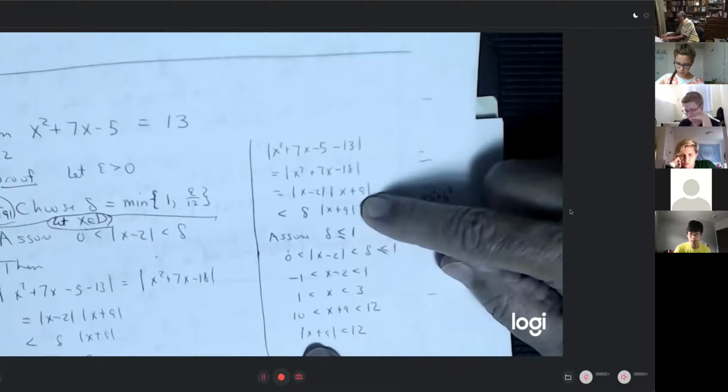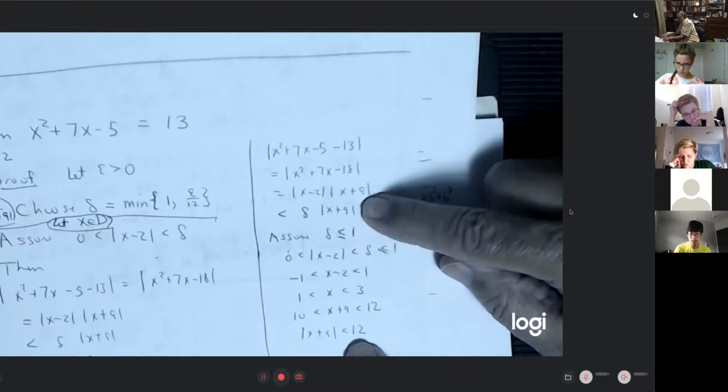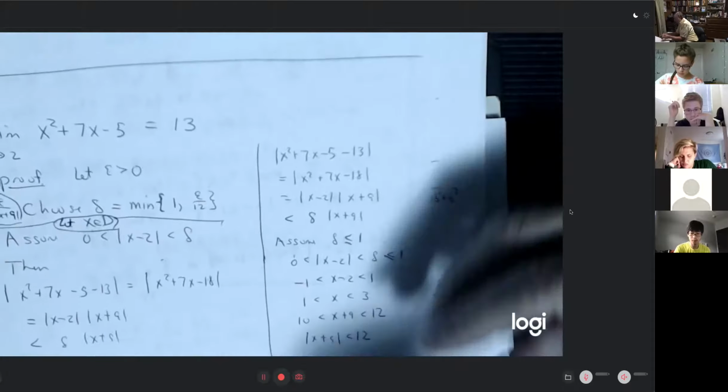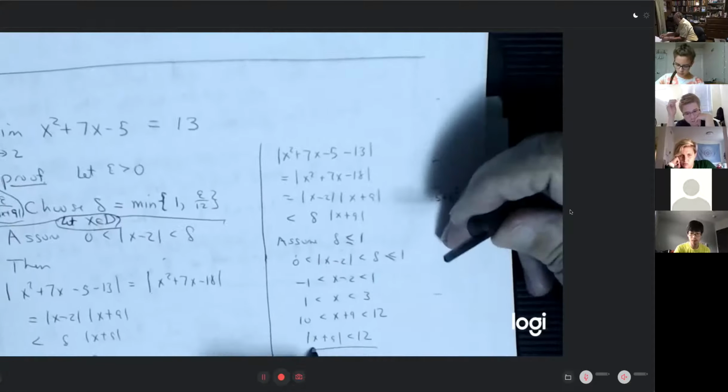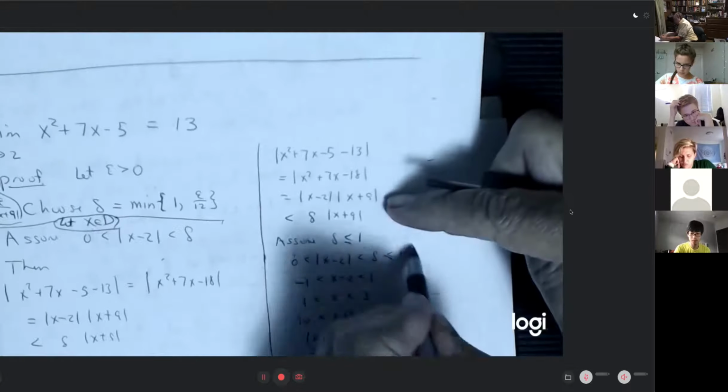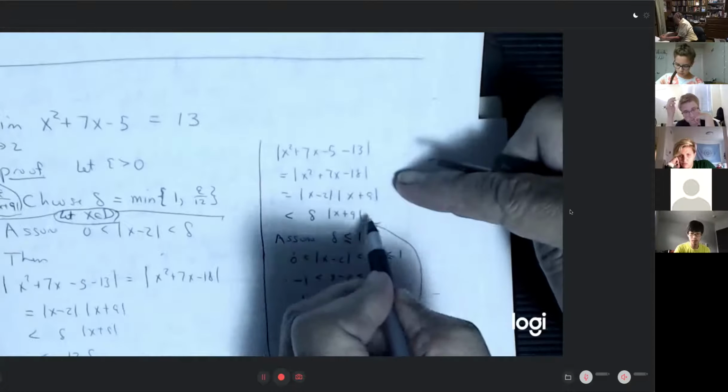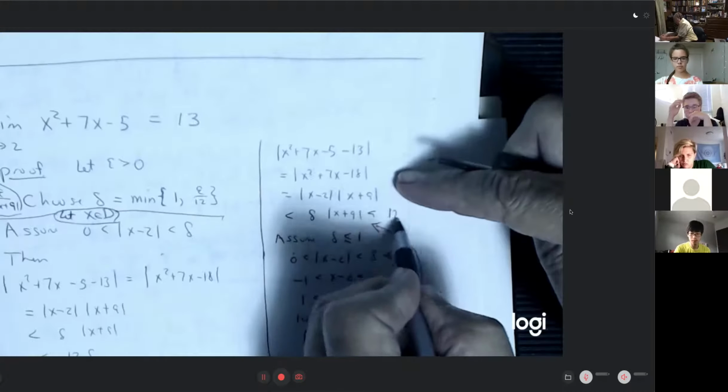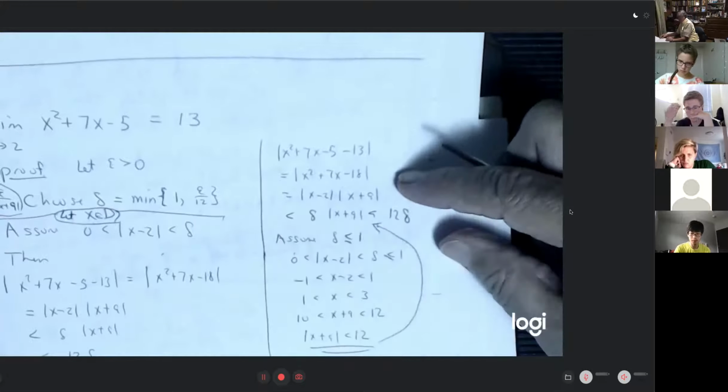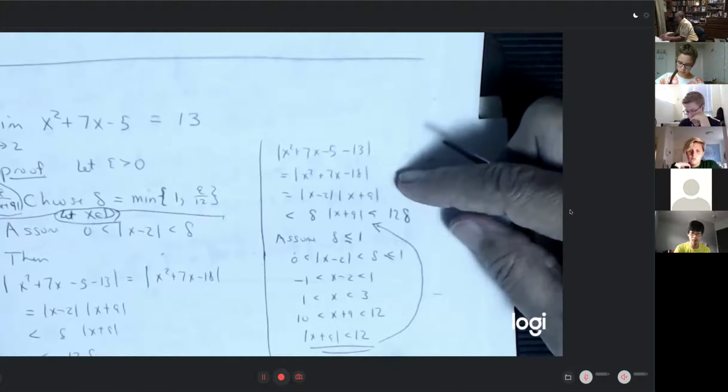So what's the absolute value of x plus 9 less than? The answer is 12. So what I can do because of this right here is go back up here and say, this will be less than 12 delta. Now I can set that equal to epsilon.